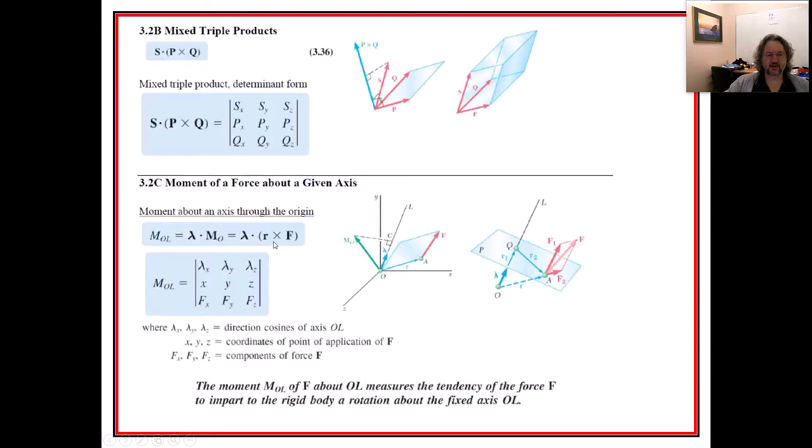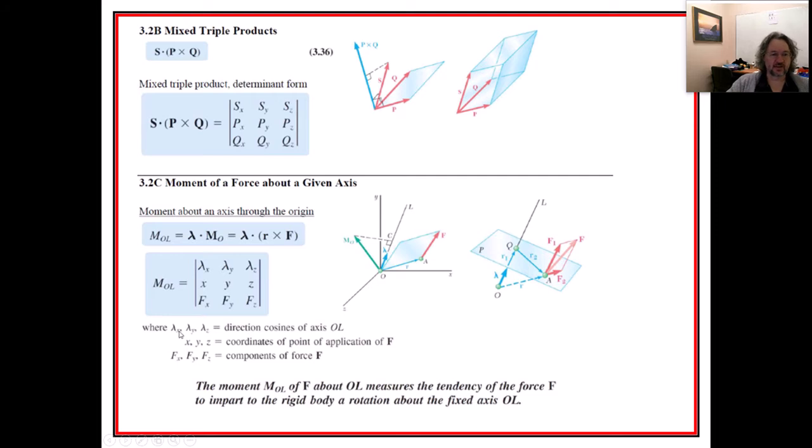But now we're going to find the moment that's acting because of a particular force acting at a point, and then we cross it to find the moment, right? So we find a new moment, and then we dot that moment against a line. For some reason, we want to know what the moment is specifically about that line, not about the moment in space, but the moment about a particular line.